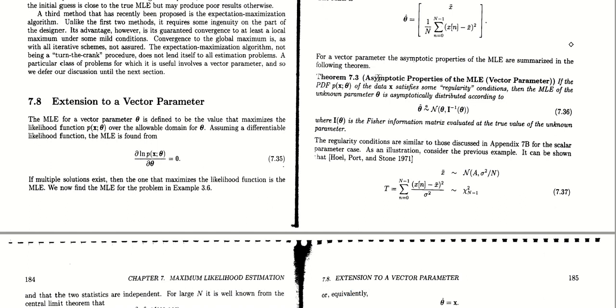Formally, asymptotics of the MLE in vector form is: if the PDF p(x; theta) of the data satisfies the regularity condition, again, the regularity we talk about many times, then the MLE of the unknown parameter is asymptotically distributed according to this, where I(theta) is the Fisher information matrix evaluated at the true value of the unknown parameter.